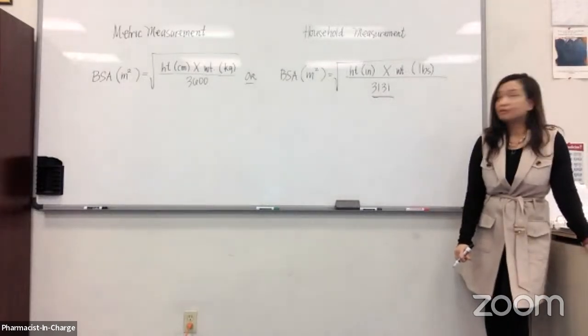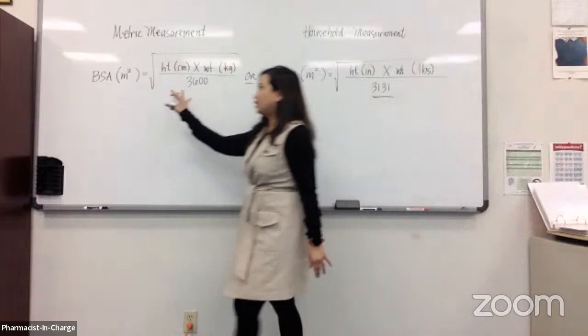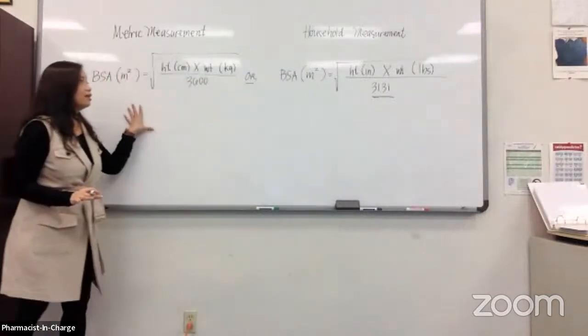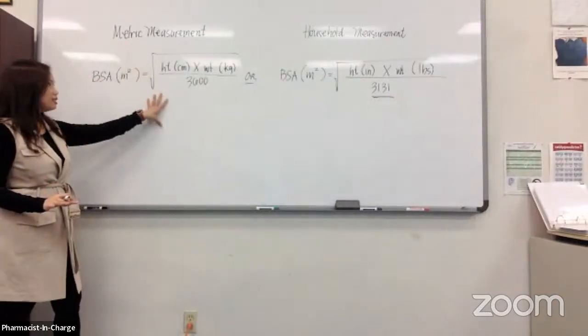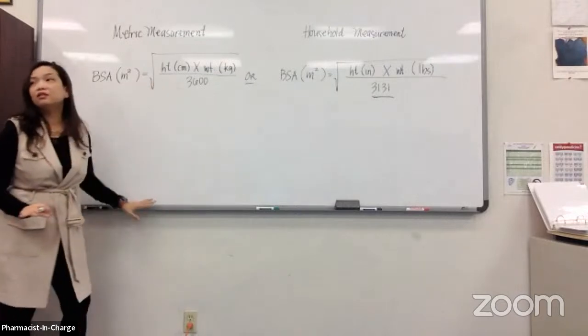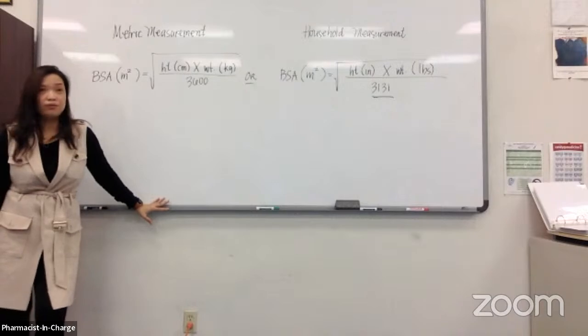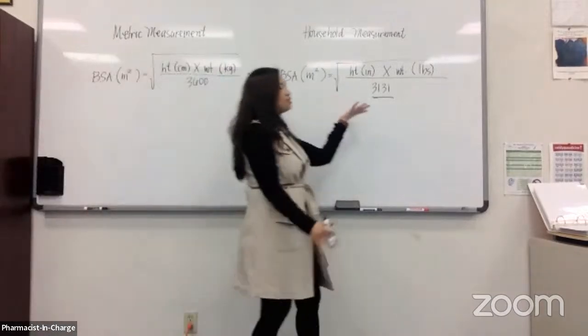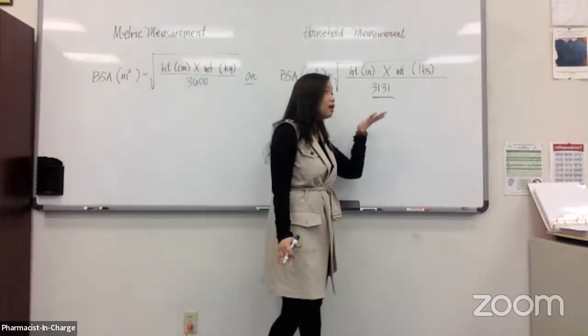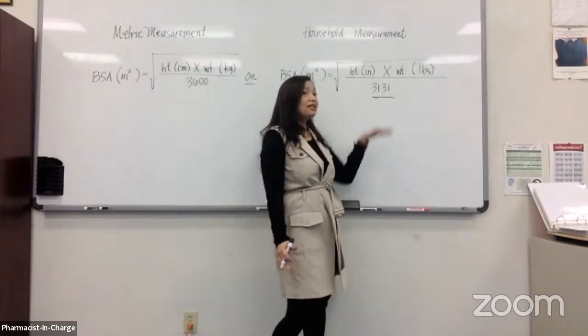If you want to remember this formula, the metric system will have a denominator of 3600. Do you have to remember both? No.